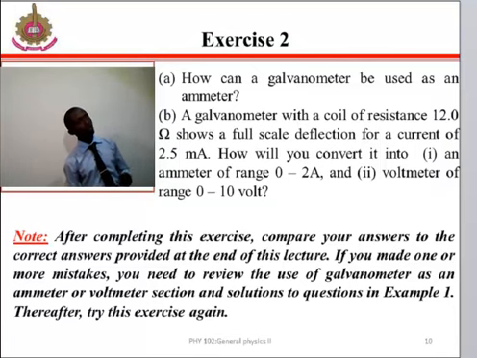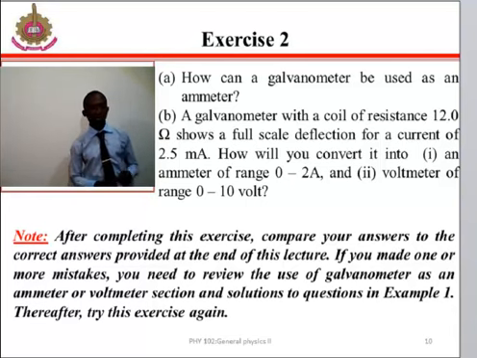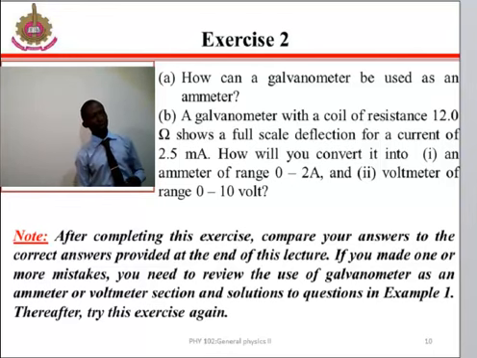And how will you convert it into a voltmeter of range 0 to 10 volts? Note, after completing this exercise, compare your answers to the correct answers provided at the end of this lecture. If you made one or more mistakes, you need to review the use of a galvanometer as an ammeter or voltmeter section and solutions to the questions in example 1. Thereafter, try this exercise again.